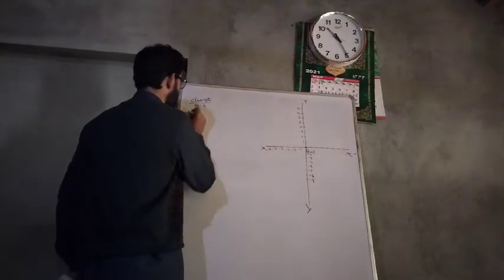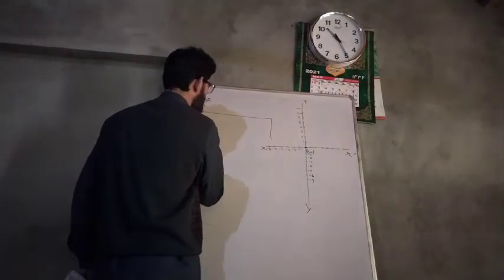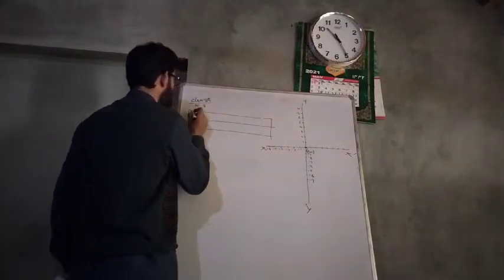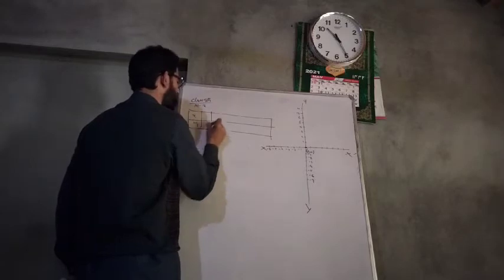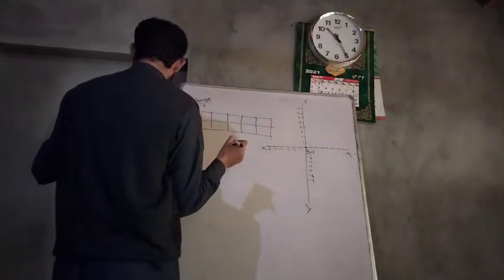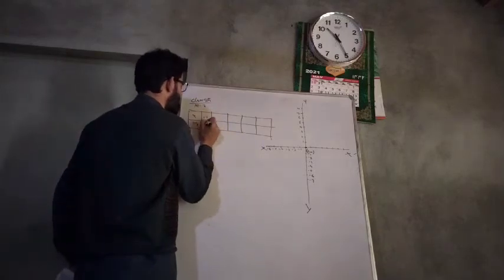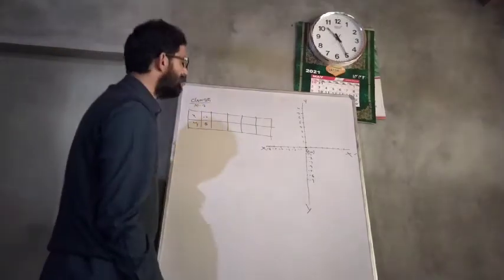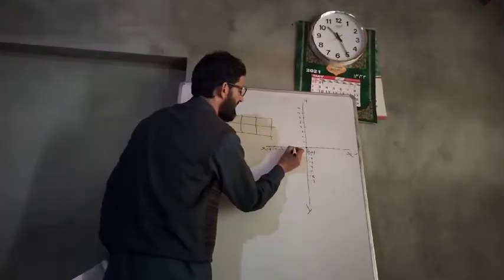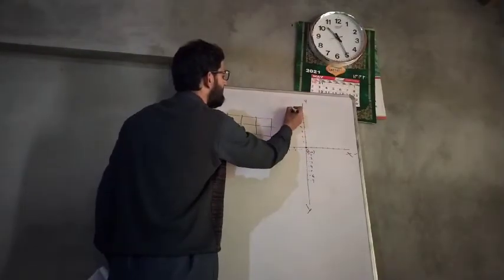Now you have to locate these points. This table is given, this is x and this is y. First point is -2 and 8. Now -2 is here and 8 is here.